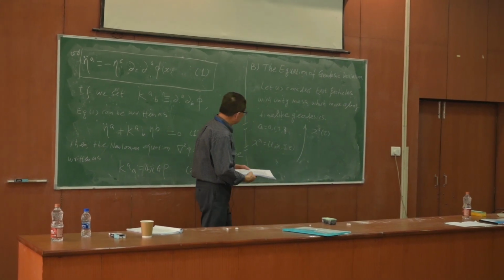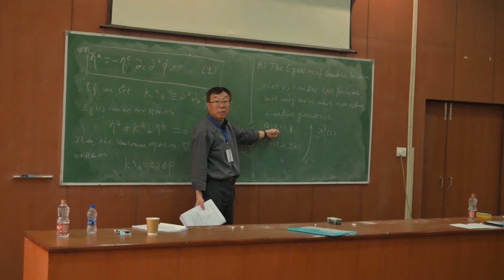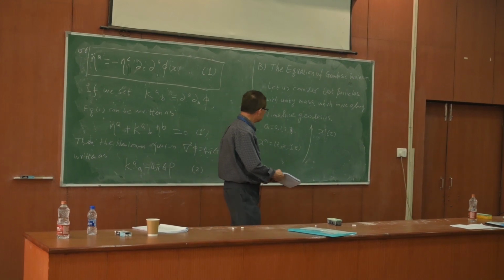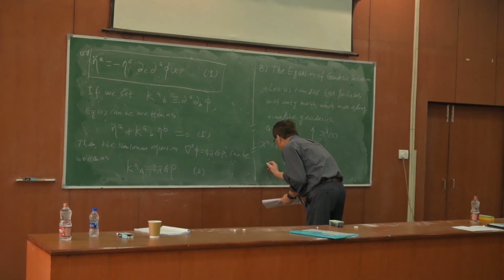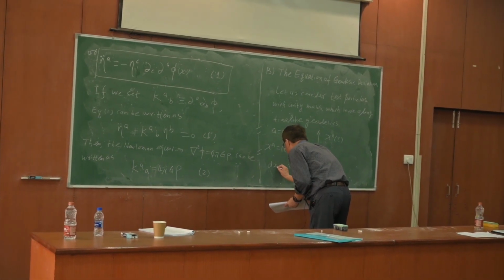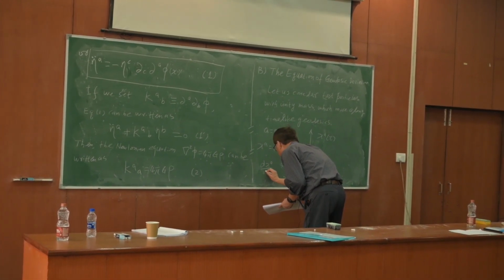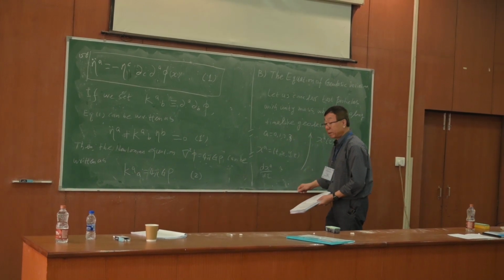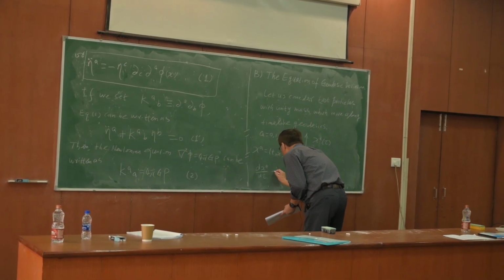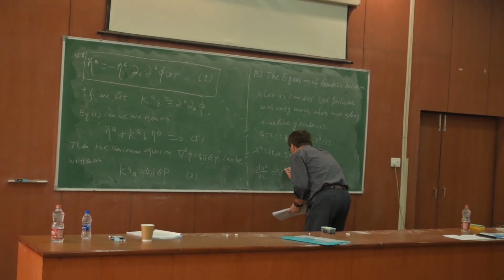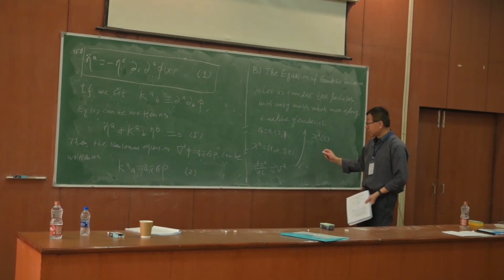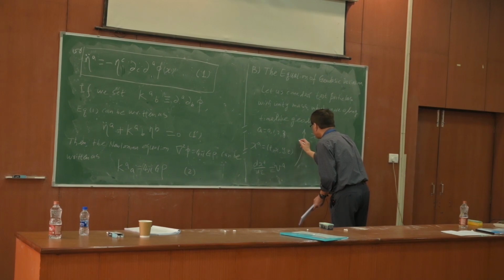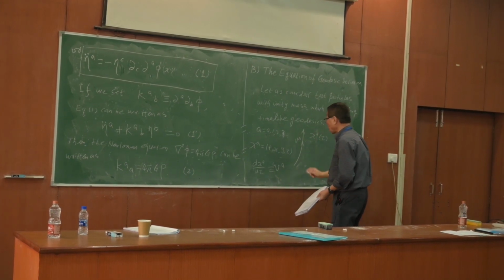But now remember, instead of 1, 2, 3, it equals 0. Okay? So this is the proper time, dx^a/dtau. So we call this the velocity.